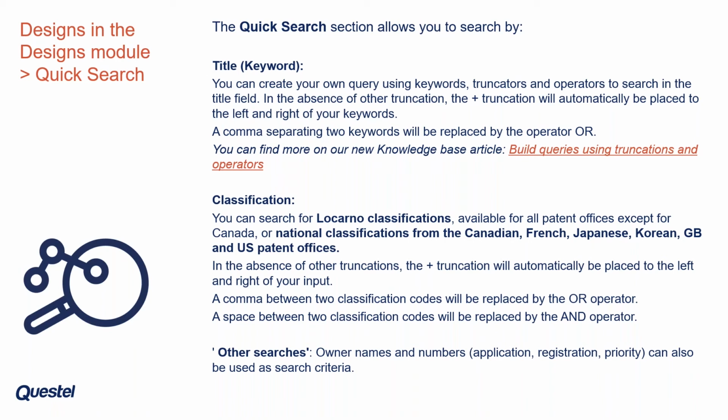A comma separating two keywords will be replaced by the operator OR. In case there are no other operators, the operator AND is automatically placed between two words separated with a space. Once again, we remind you that you can find more on our new knowledge base.